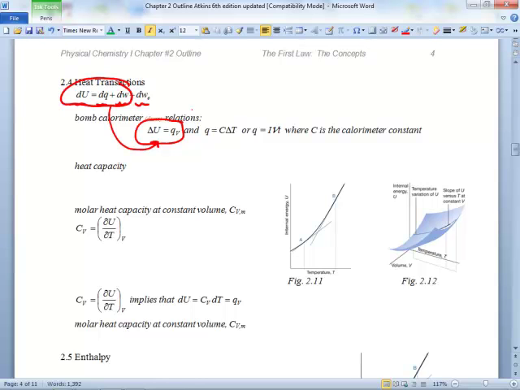No, you can't do PV work because the volume has to change. So that's why it's gone. That's why the internal energy is just the heat transfer. Okay. Q equals C delta T. C is the calorimeter constant. You remember doing that kind of thing? I think we did it once in general chemistry for sure, where you had to measure the calorimeter constant. What are its units?